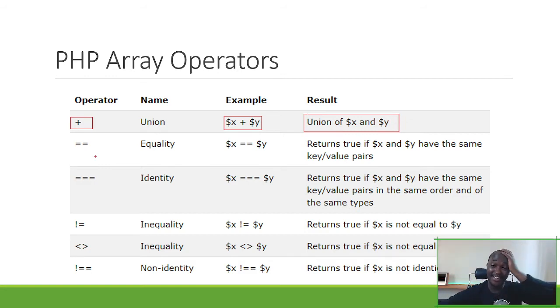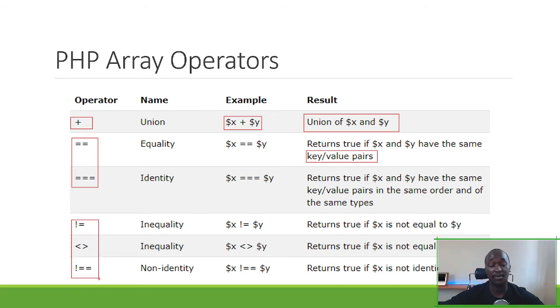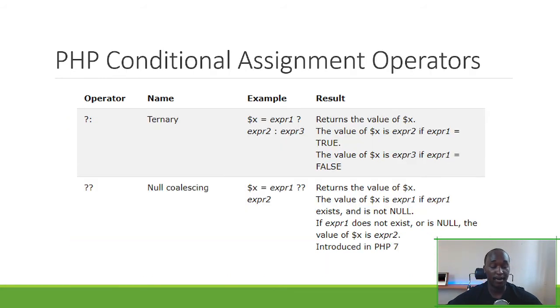Then we have the equality operator and the identity operator. So just compare if the values, remember an array has key and value pairs. So it's going to compare if they're the same in both arrays. And of course, not equal, inequality, and not identity also perform the same thing on arrays. So those are called array operators.